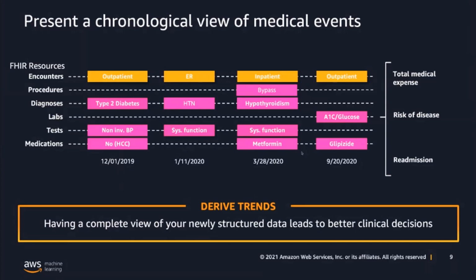HealthLake provides a platform and a mechanism to normalize the data, put it into a structured format, make it indexed, give you a robust set of APIs to query, and then bring all the analytics and machine learning tools to apply on that.